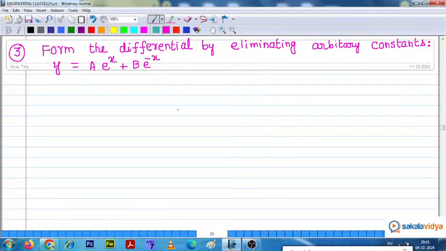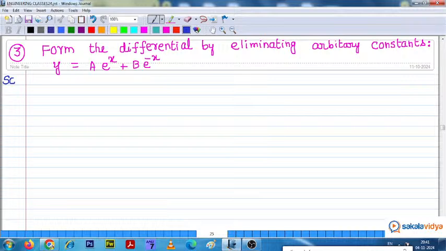In this given equation, how many arbitrary constants are there? Yes, here two arbitrary constants are there. One is capital A, another one is capital B. So let us eliminate capital A and capital B to find out the differential equation from the given equation right now. So let us try to solve this question.